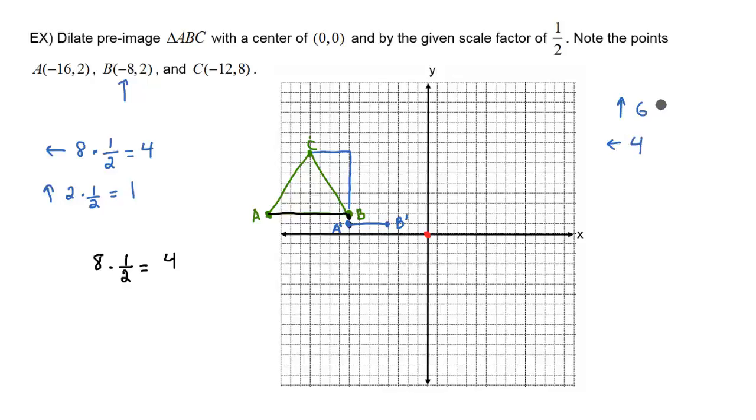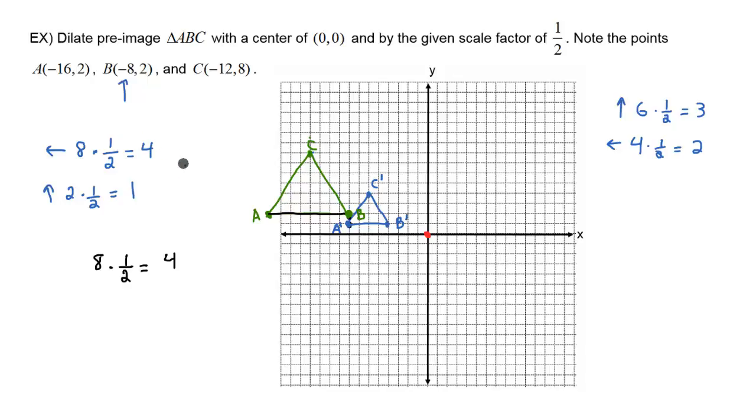So I can multiply those movements by my scale factor. So 6 times 1/2 is 3, and then 4 times 1/2 is 2. So to get C prime from B prime, I'm going to move up 3, 1, 2, 3, and then over twice. And that's going to be C prime. So I could connect my points here to get my dilated triangle.